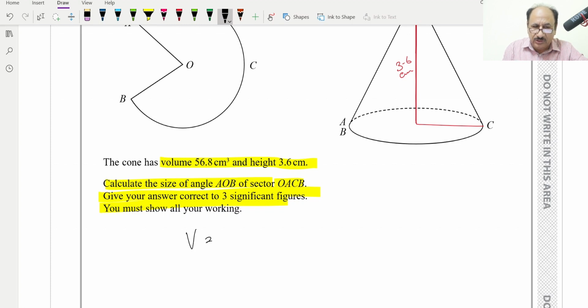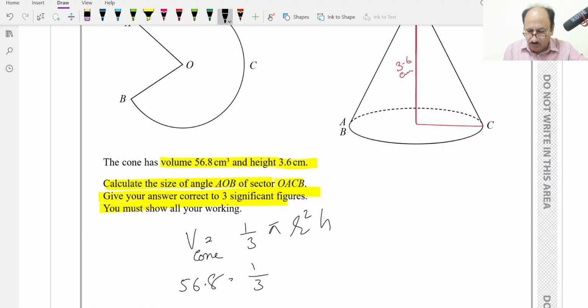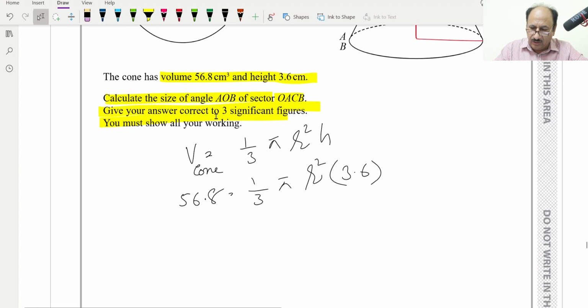Volume of the cone is equal to 1 by 3 pi r squared h, and volume is given, 56.8 is equal to 1 by 3 pi r squared, and the h value is given, 3.6. Now we can find the r value.